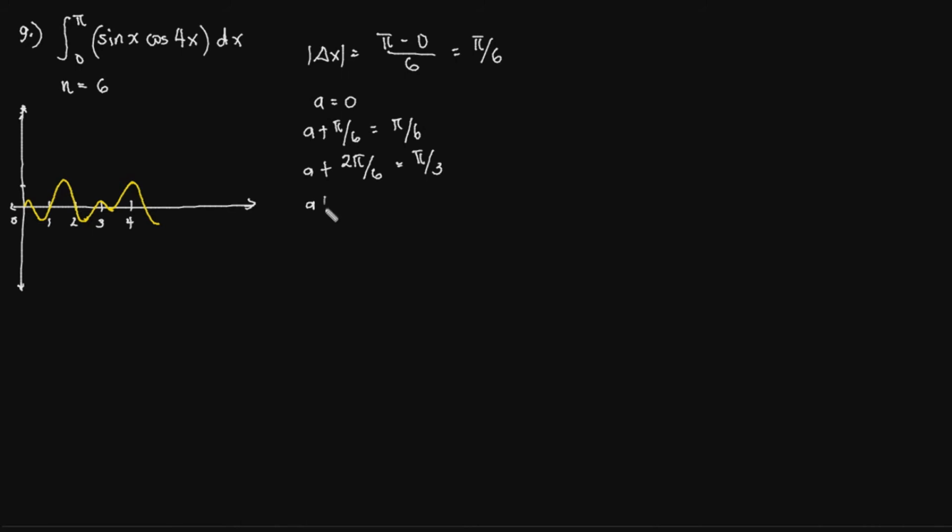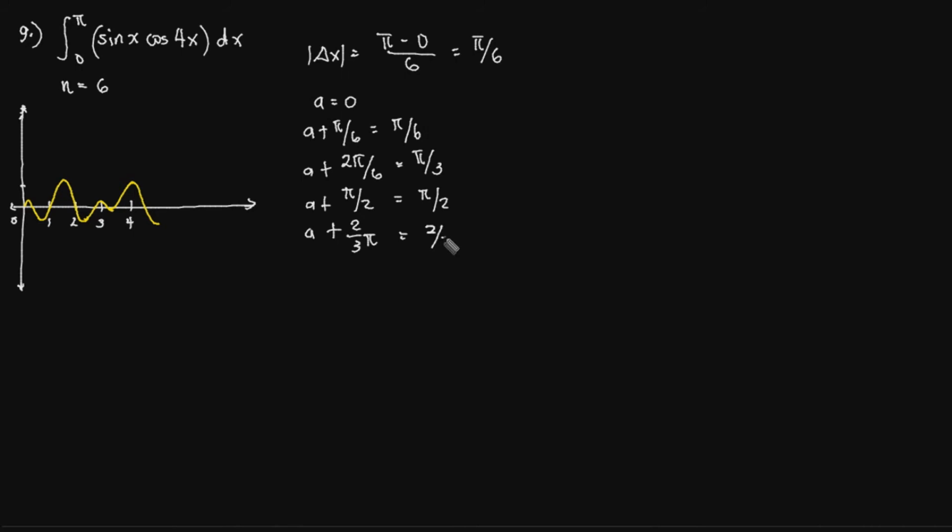Next is pi over 3 plus pi over 6, which gives us pi over 2. Now we proceed further: pi over 2 plus pi over 6 should give you a value of 2/3 pi.